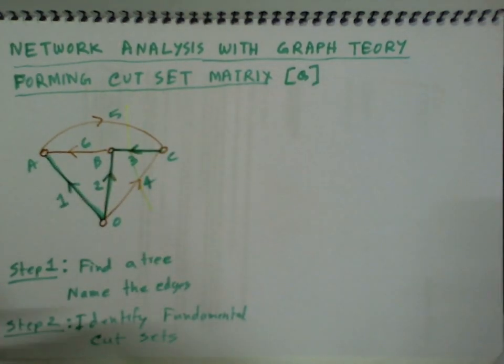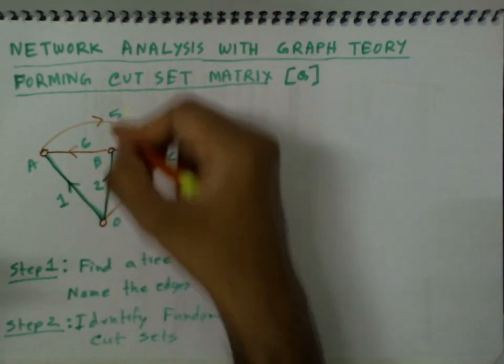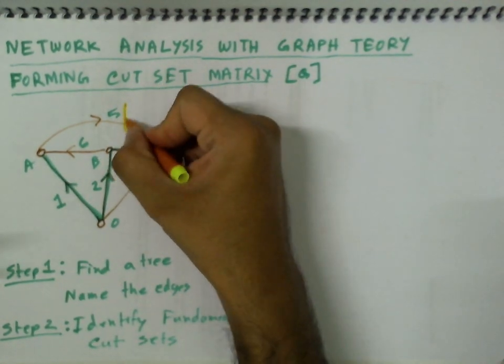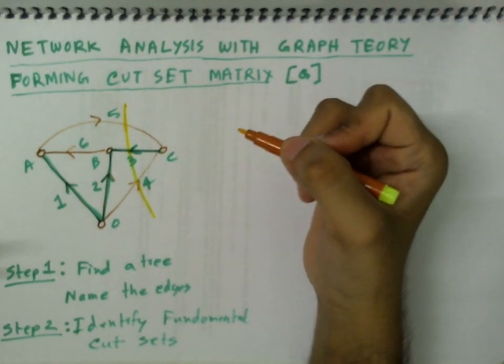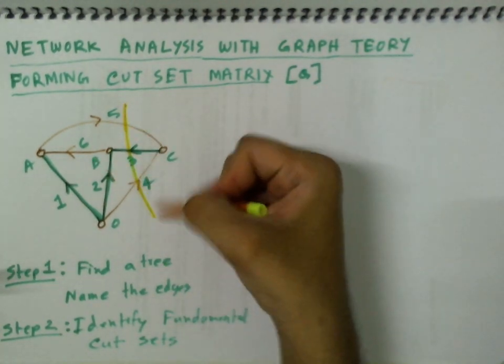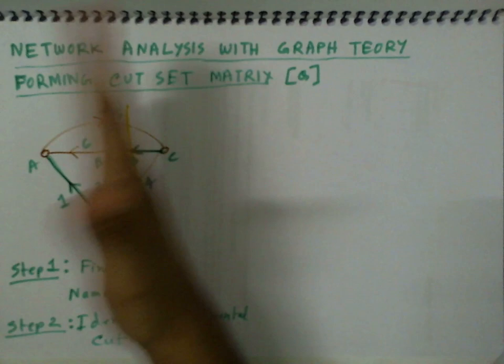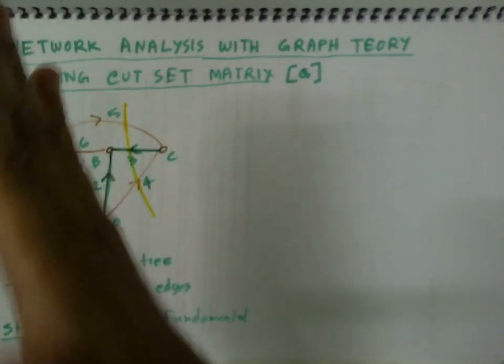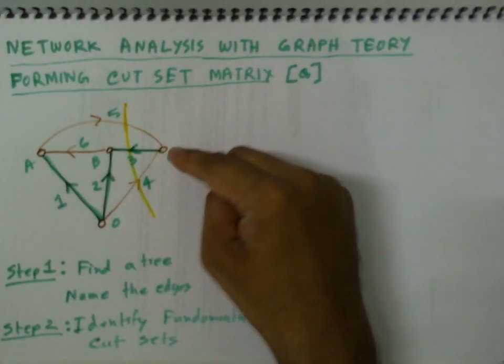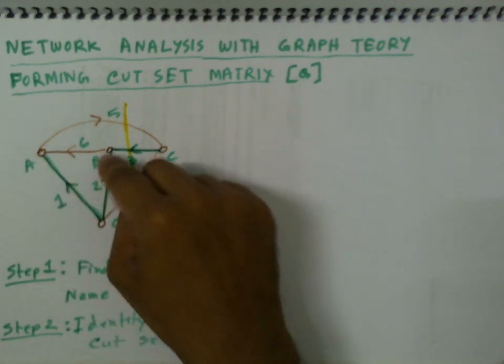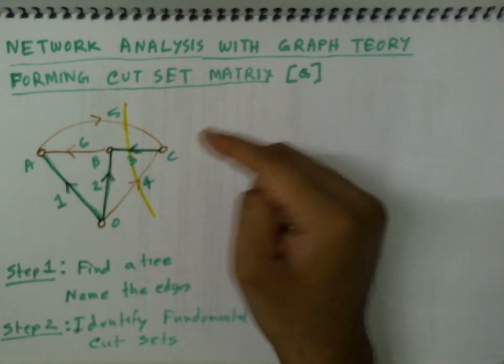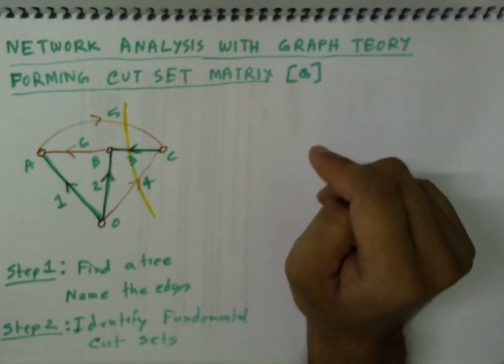Maybe I use a bit different color. Like this. So this partition, as if I cut this graph through this, then nodes A, O and B will be on one side and node C will be on the other side.